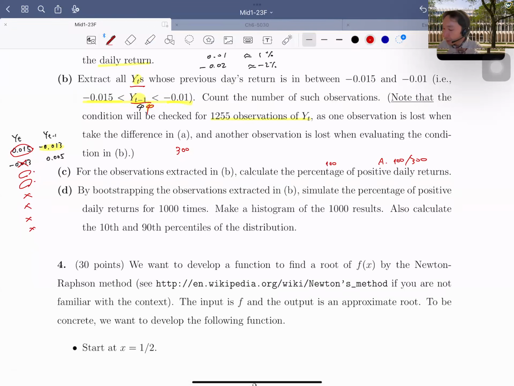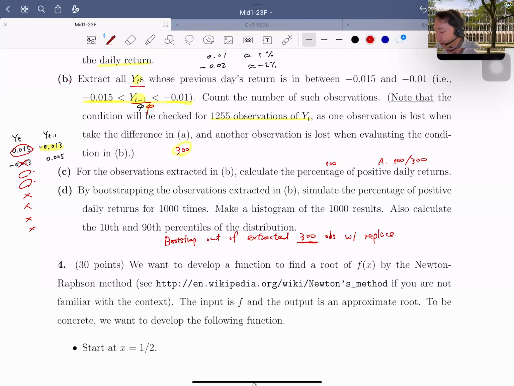So out of these extracted numbers, we bootstrap. 300 is just the tentative number; you have to calculate it in B. Sample 300 observations with replacement, then calculate again what percentage of observations is positive.